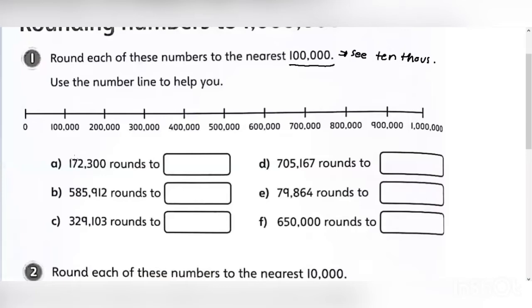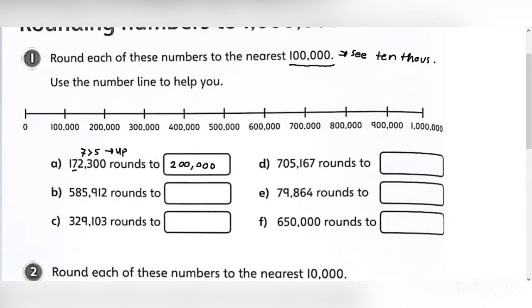The 10,000 here, for the first one, A, is 7. 7 is greater than 5, so we round it up. The number after 1 is 2, right? So the answer is 200,000.